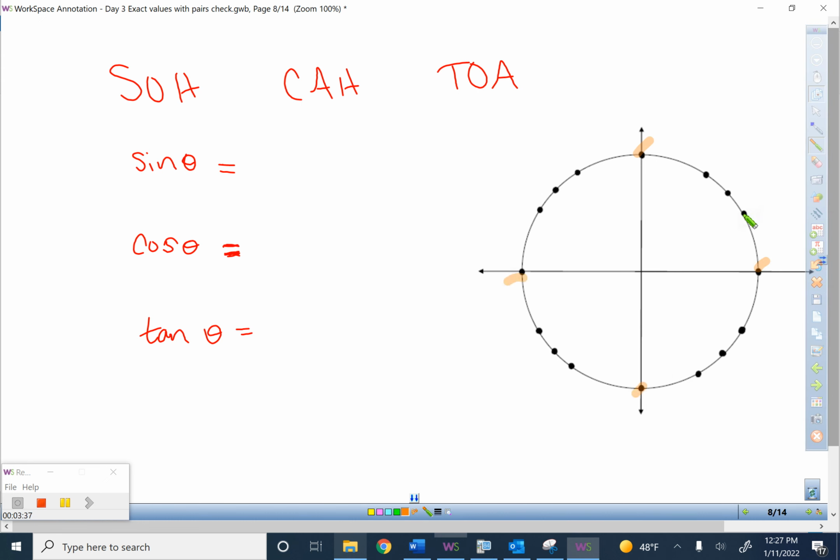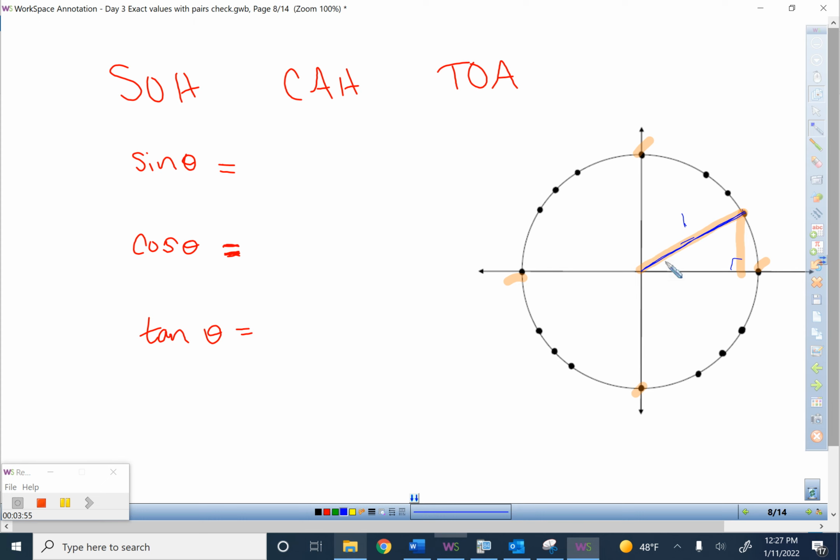If I pick one, I could take that point, connect it to the origin, take that point, connect it down to the x-axis, and form a right triangle. And that hypotenuse would have to be 1 because this was the unit circle, and we know that the radius of the unit circle is 1. A radius in a circle can be drawn any direction. It does not have to be our standard horizontal or vertical piece.